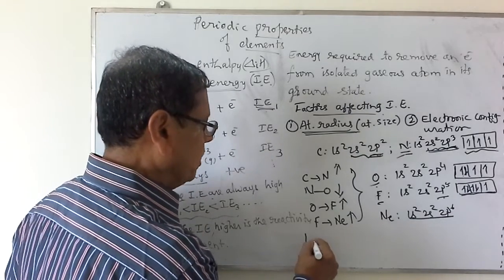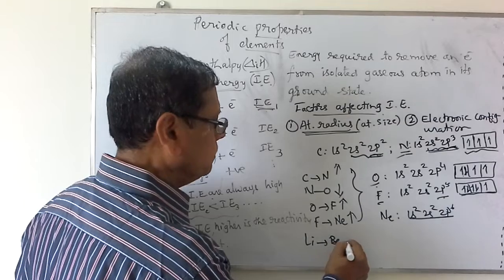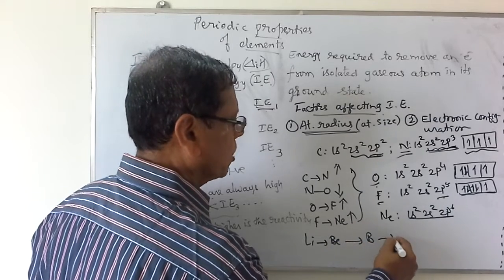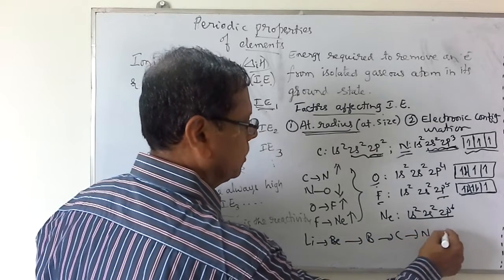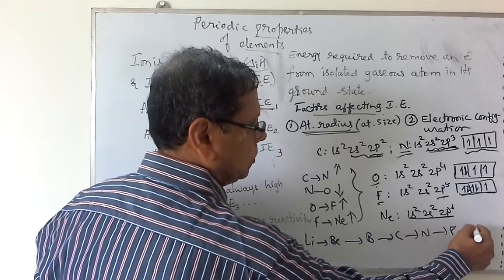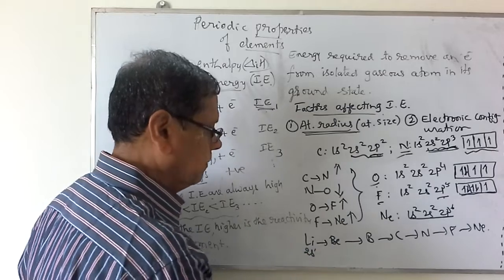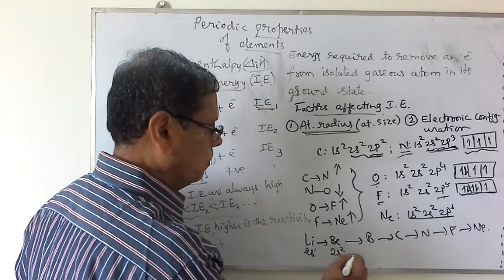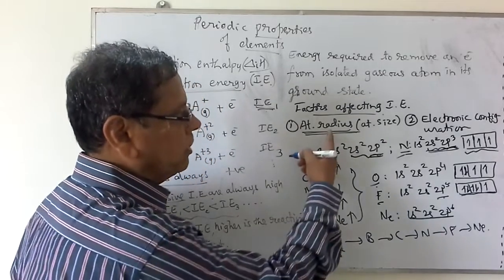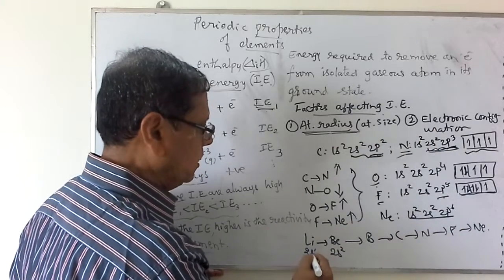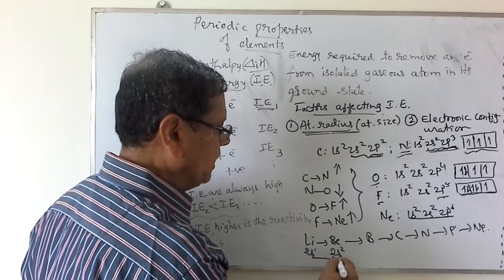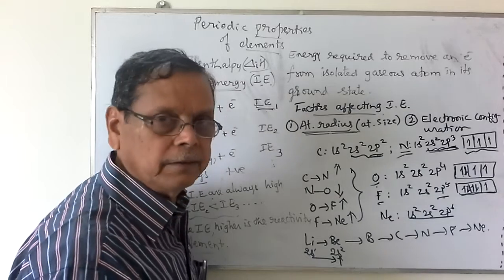Similarly, if you consider lithium to beryllium, beryllium to boron, boron to carbon, to nitrogen, to oxygen, to fluorine, and then to neon: lithium has 2s1 configuration. Beryllium has 2s2. Both due to atomic radius as well as electronic configuration, from lithium to beryllium there is an increase in the ionization energy.